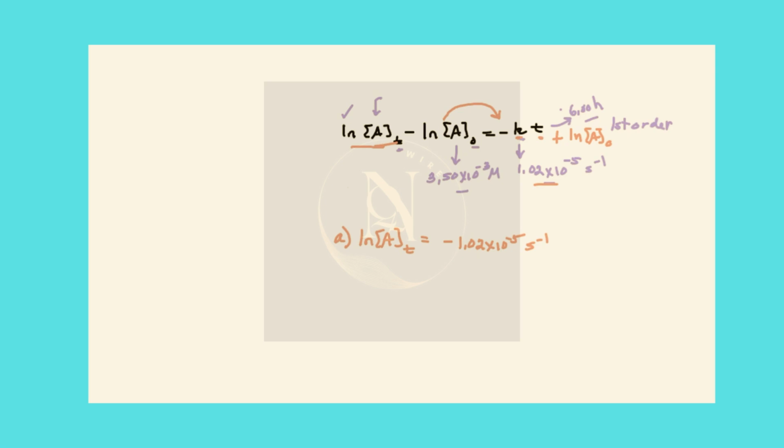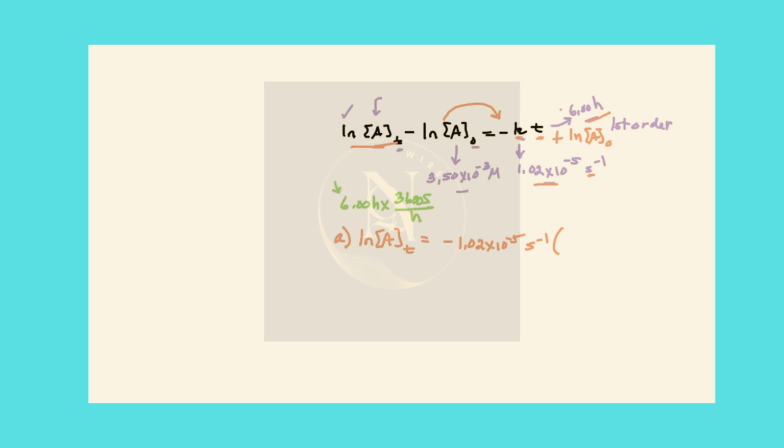And I always like to put units in when we do calculations because then it's easy to catch mistakes. You see, the units of the rate constant are given in inverse seconds, but our time element is in hours. So before we can put in the time element t here, we need to convert it first to seconds. So here's our conversion factor.